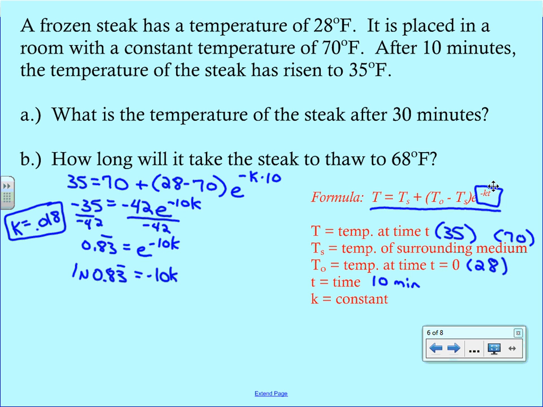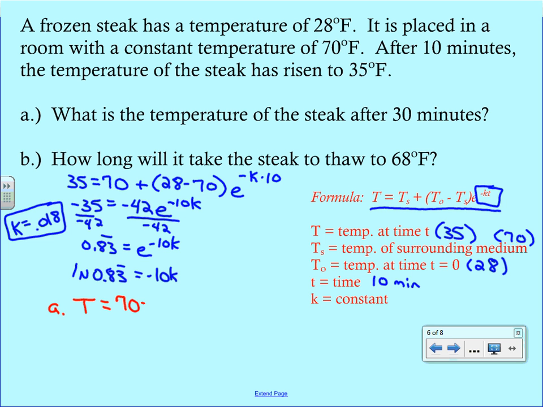Now that we know the constant value, we can use it to figure out what part A is asking for, what the temperature would be after 30 minutes. To solve for A, we use the constant from above, and we're trying to find the temperature at that time, so we're solving for T. It's a plug and chug question for us.